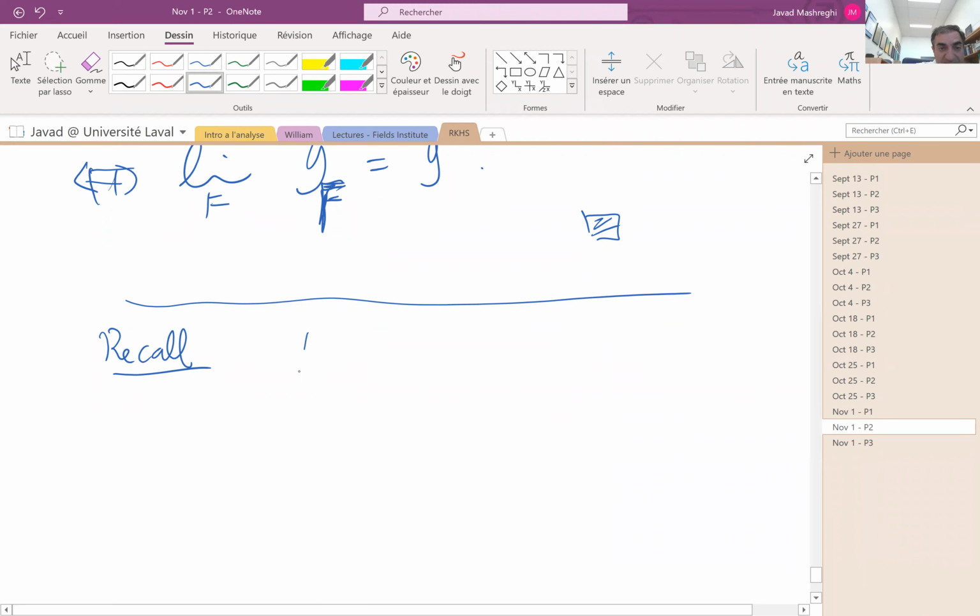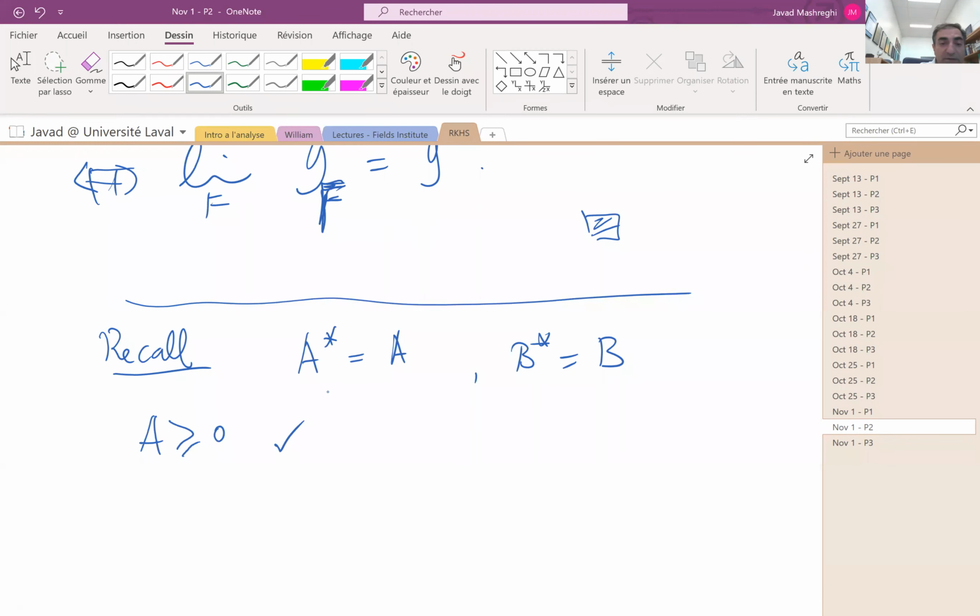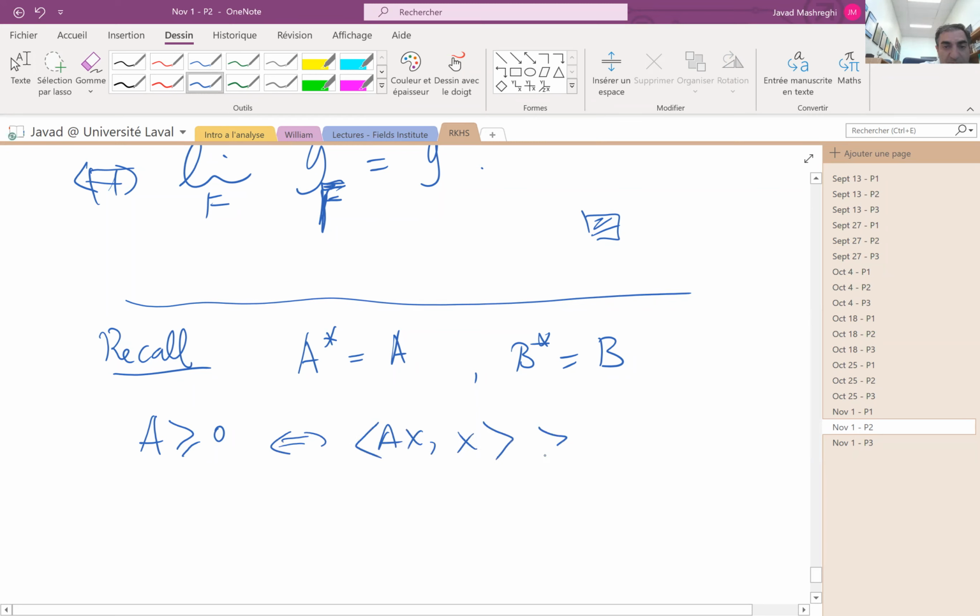So we consider matrices A and B such that A star equals A and B star equals B. In this setting, we saw the meaning of A bigger than or equal to 0. We can say that this is equivalent to saying that all the eigenvalues are nonnegative, or if you wish, the inner product of Ax and x is nonnegative.